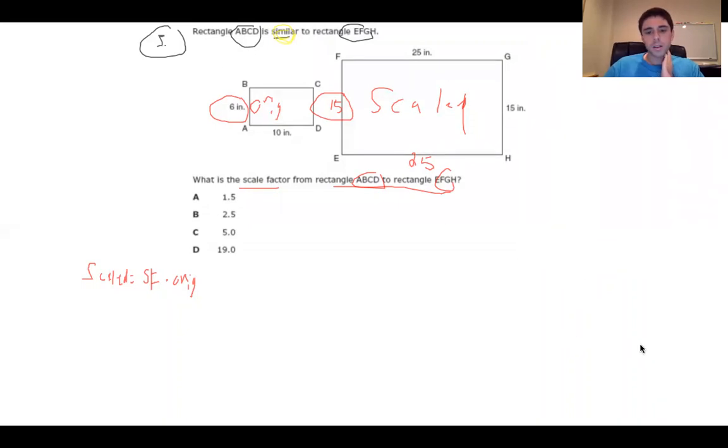What do you think we're going to plug in for scaled? What will we substitute for original?